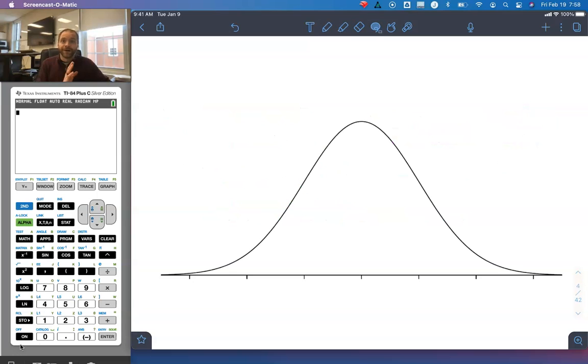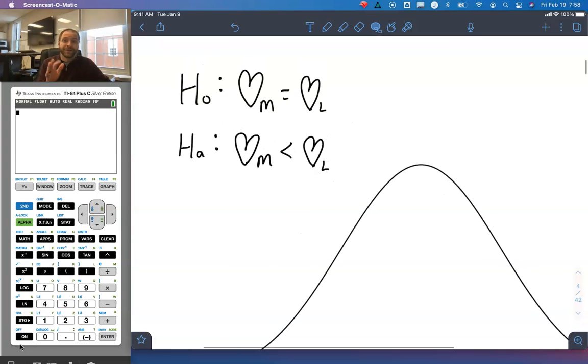All right, so I'm going to go on with this Lloyd and Mary thing because I think it's really interesting. I actually wrote down right here some null and alternative hypotheses for you. A null hypothesis and alternative hypothesis, that's how we label it. And this says, heart for M, so the love of Mary equals the love of Lloyd. And that was his claim when he was texting me.